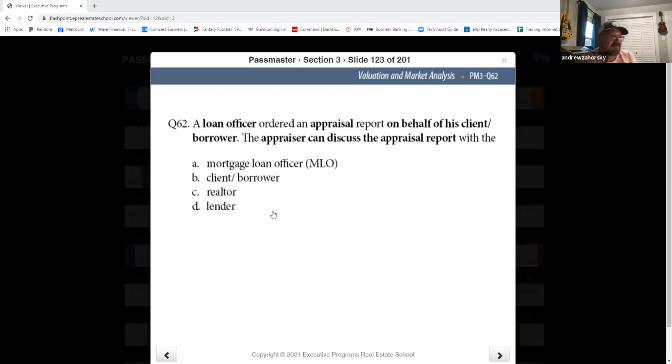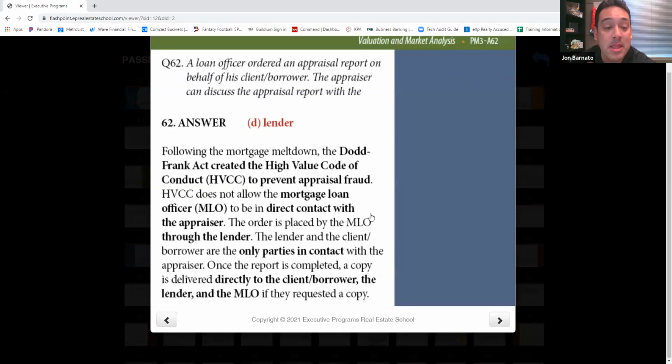There's a thing called the Dodd-Frank Act. After the recession happened, Congress was like, everyone messed up, we're going to fix it all. They passed the Dodd-Frank Act, and part of the provision was to prevent appraisal fraud.